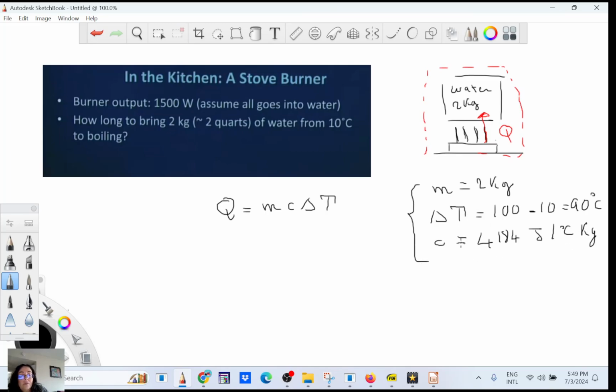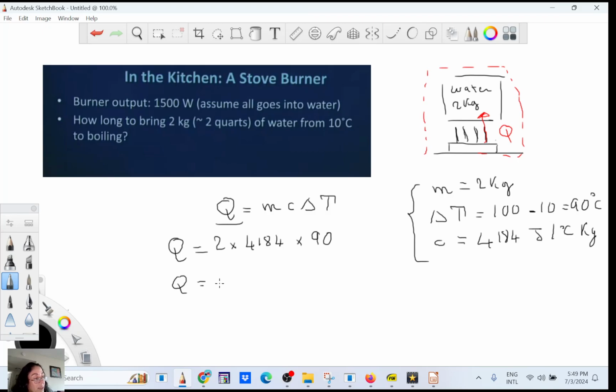Okay, so we're going to find Q. So it's going to be 2 times 4184 times 90.